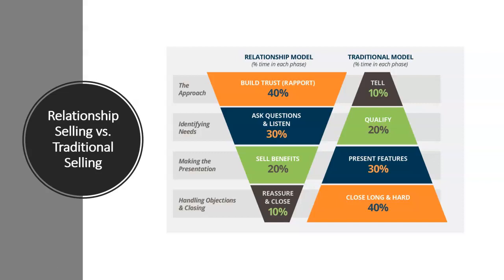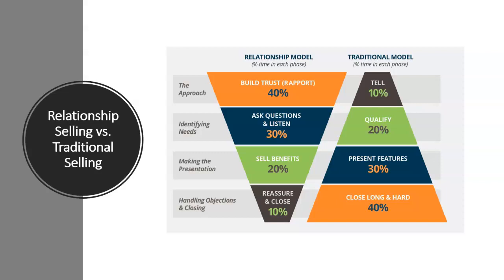So, when we talk about relationship selling versus traditional selling, the percent of time spent in each of these areas makes a big difference. And so these four areas or aspects of the sales process are what's going to make up our final role play. So to begin with, let's just start with the traditional selling model, and I'll walk you through how this would go.